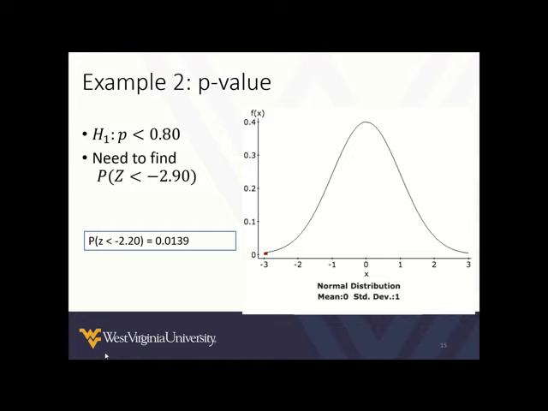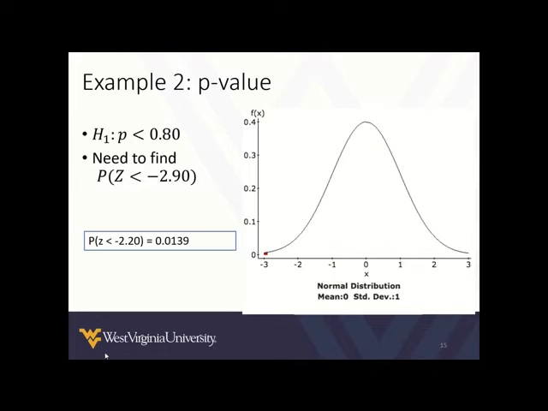And so at this point, if we'd like to use the p-value method, then since our alternative hypothesis was p is less than 0.8, we can find the probability of z being less than our test statistic, which is negative 2.90.